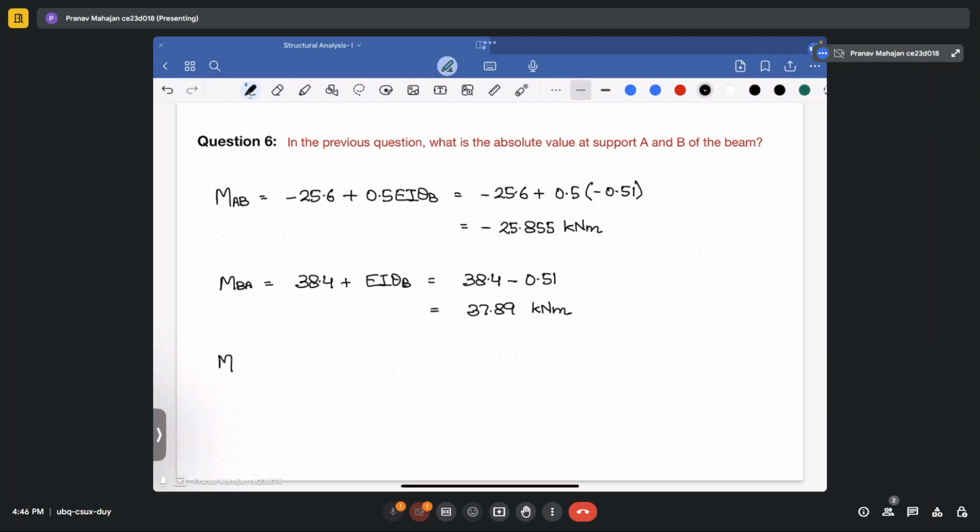Now for MBC, your equation is minus 15 plus EI theta B plus 0.5 EI theta C, which is minus 15 plus minus 0.51 plus 0.5 times minus 44.74.